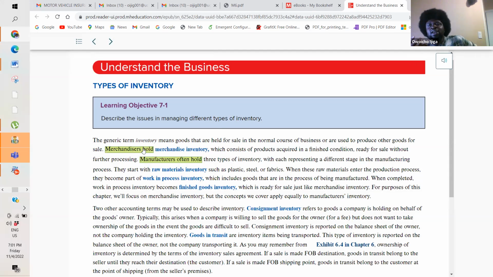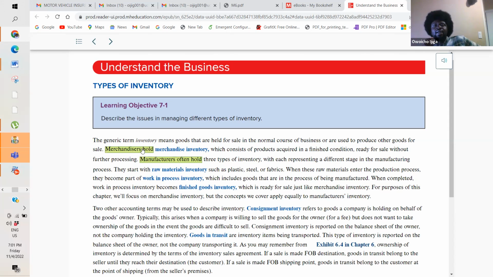Merchandisers. Who are merchandisers? I give you guys examples like Walmart, Target, Stater Bros. The merchandise is the inventory that they have there. Those goods you go into Walmart to buy is the merchandise. So merchandisers hold merchandise inventory, and that is what you go into Walmart to buy.